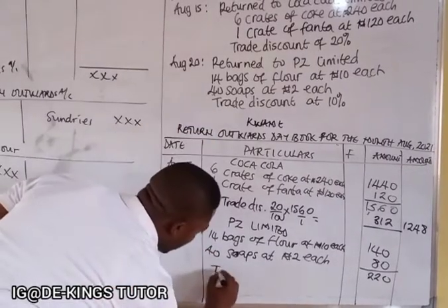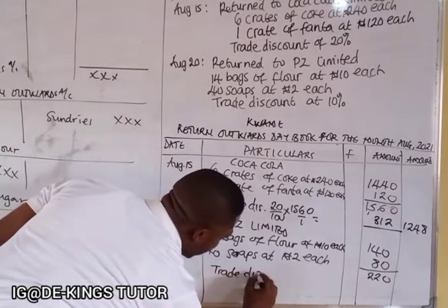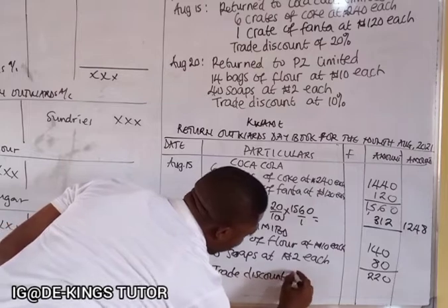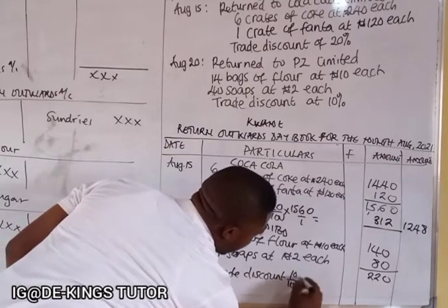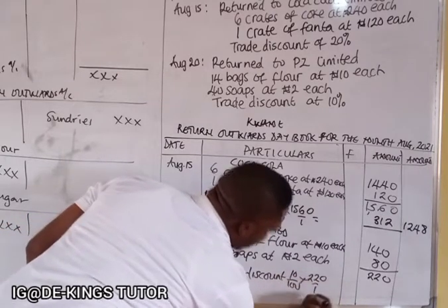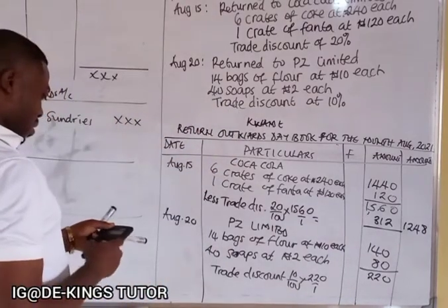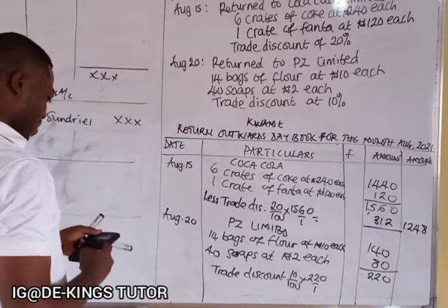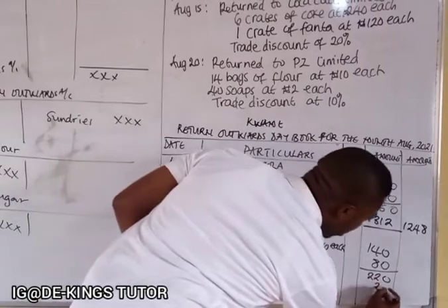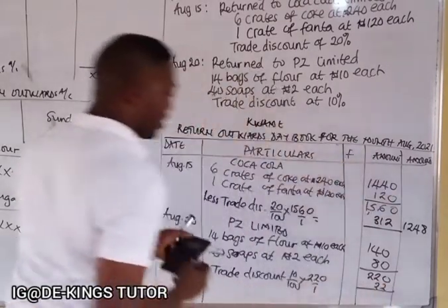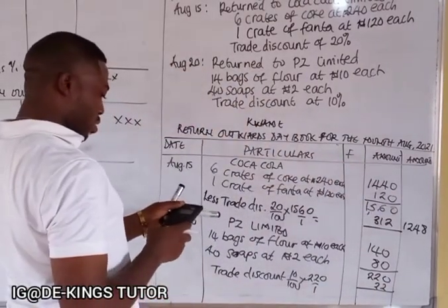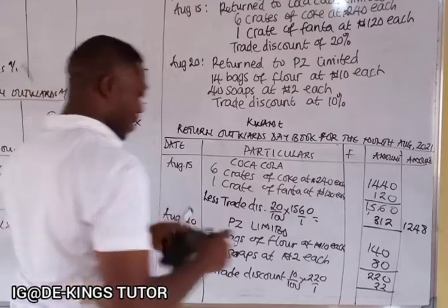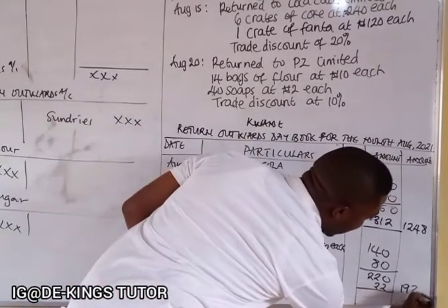So I'm going to also include the trade discount of 10%. That is 10 over 100 times 220 over 1. So we'll have 22. So 220 minus 22, we'll have 198.